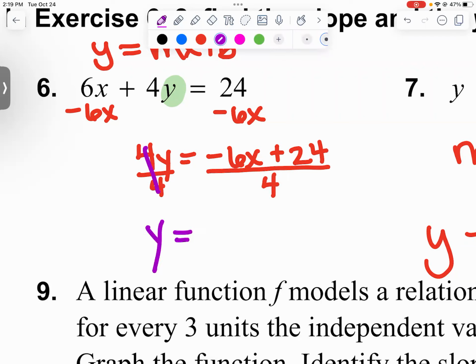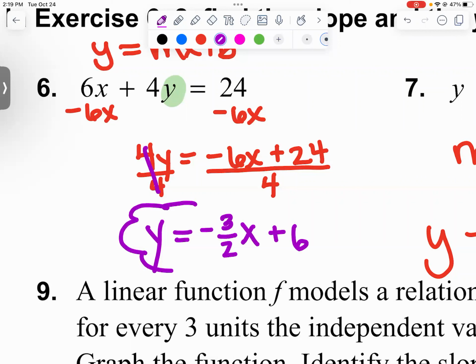All right, now, what is negative 6 divided by 4? Negative 3/2 is how we would say that. So we would have negative 3/2 x. What is a positive 24 divided by 4?